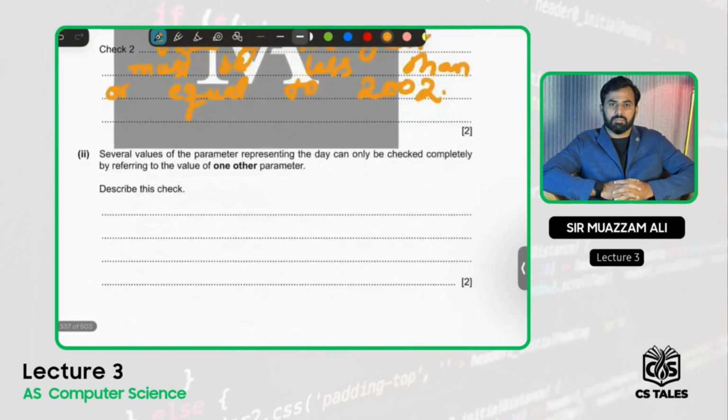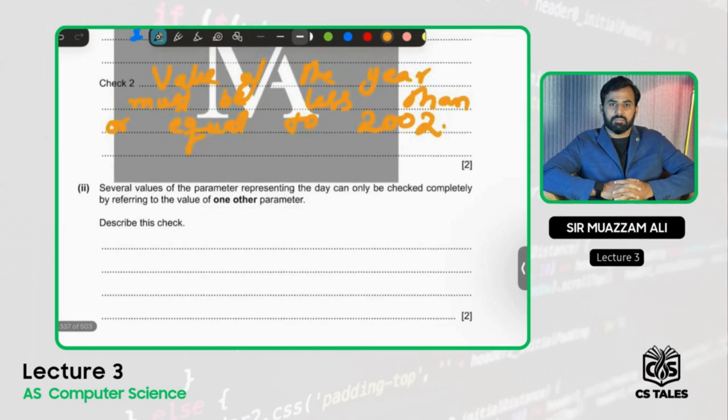Values of the parameter representing the day can only be checked completely by referring to the value of one other parameter. Describe the check. Which type of check is it asking about? We need reference to 2 things, the month and the day.